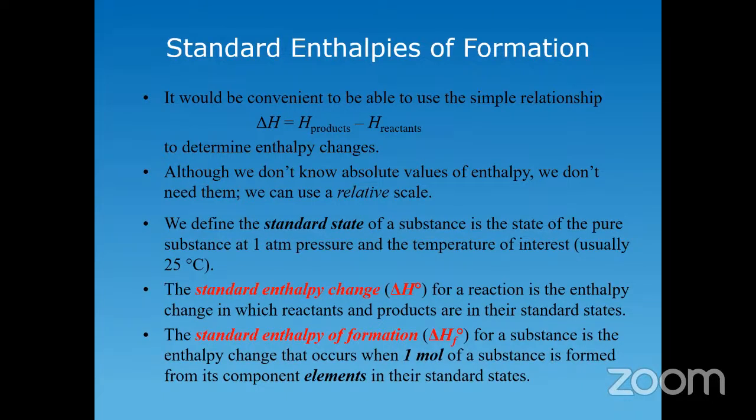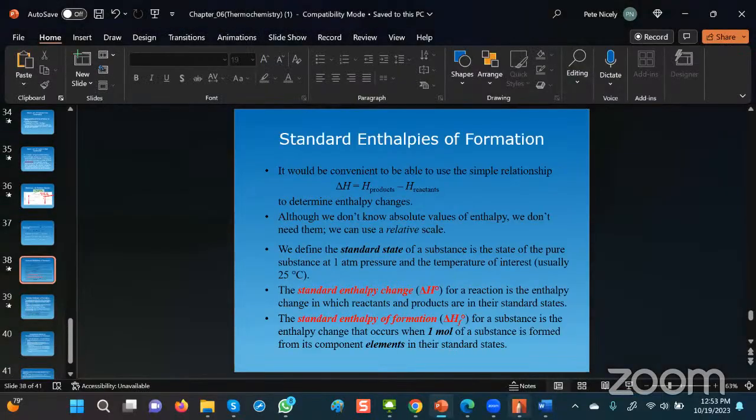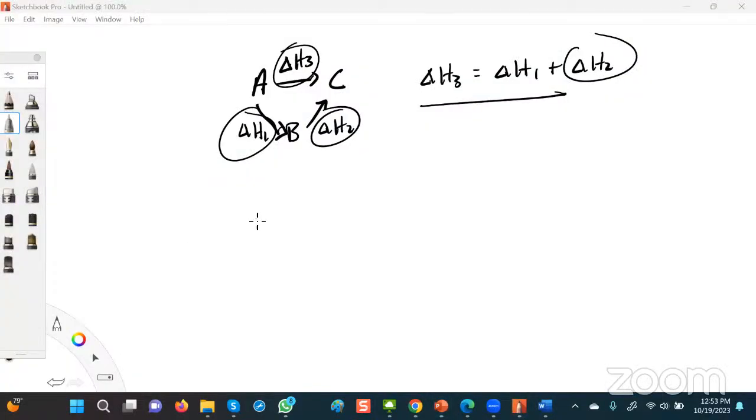So for example, let me go back to my writing pad right here. So let's say, for example, we're talking about measuring the standard enthalpy of formation of H2O, liquid, right? Well, what we're talking about here is the enthalpy change that occurs when this reaction takes place, all right?